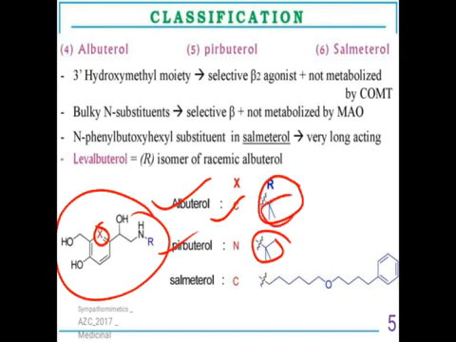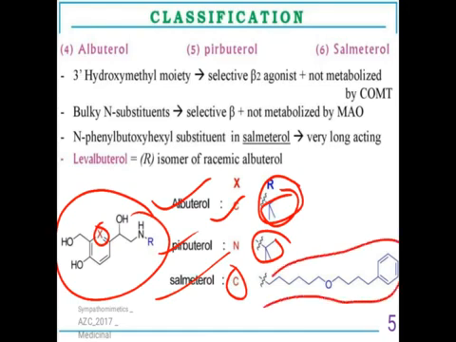Here is also the butyl group. In the case of salmeterol, X is carbon, and there is a long chain substitution as R. Okay, so the drugs become generally more selective towards the beta 2 receptor. Write down the structures of albuterol, pirbuterol, and salmeterol. Please write down the structure.